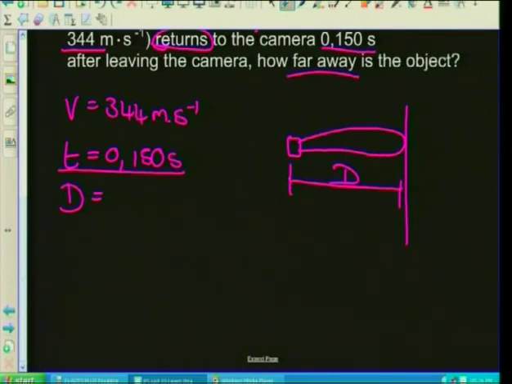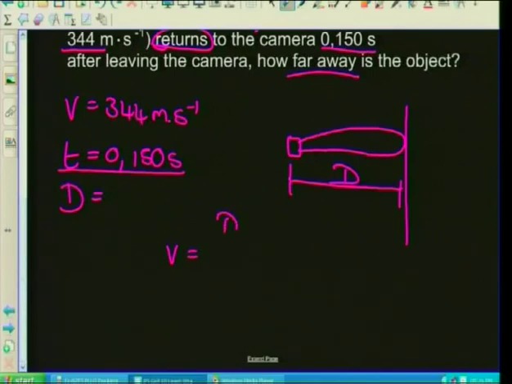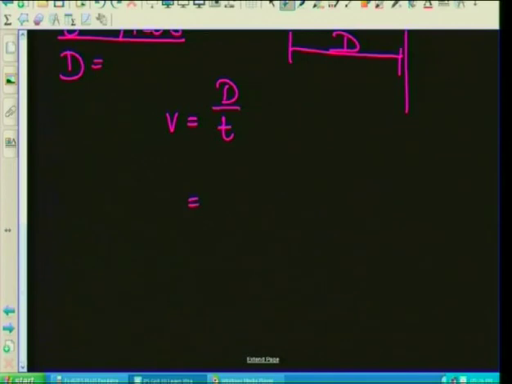So, we need to make a decision here. Let's use the information as it is and decide what it means for us. Velocity, speed, is distance divided by time. So we're going to have 344 equals distance over 0.15 seconds.